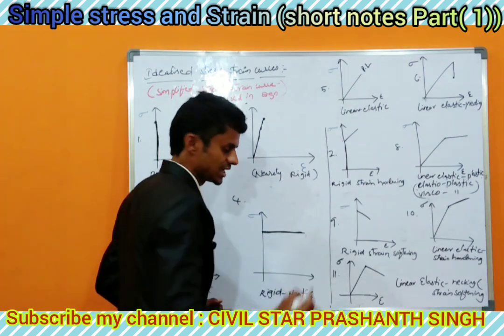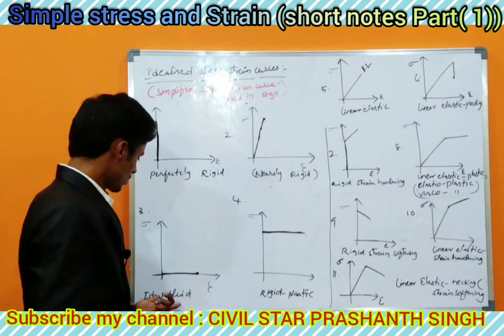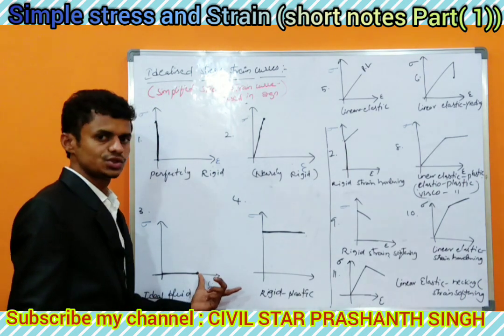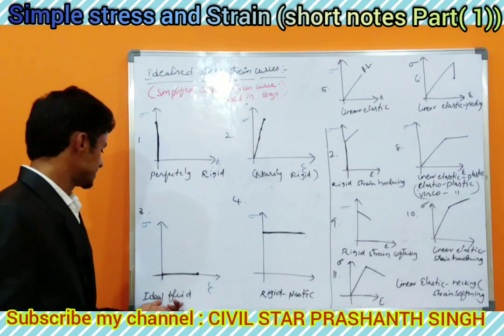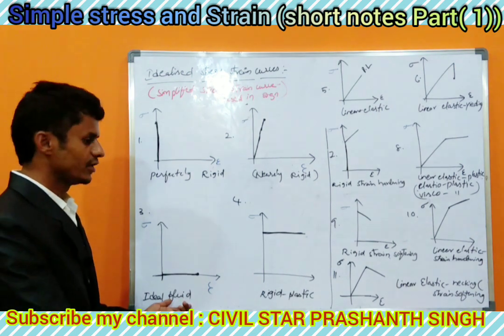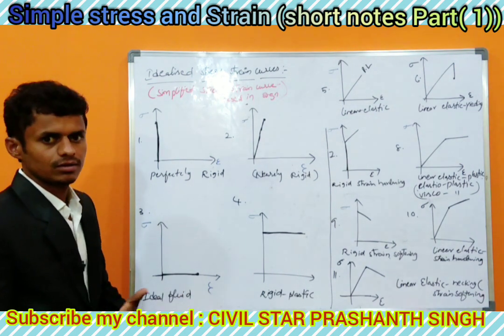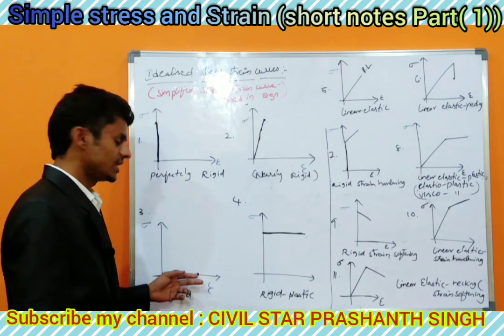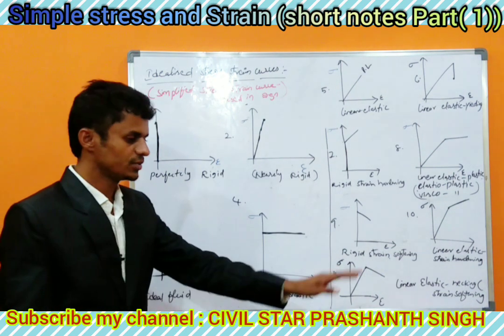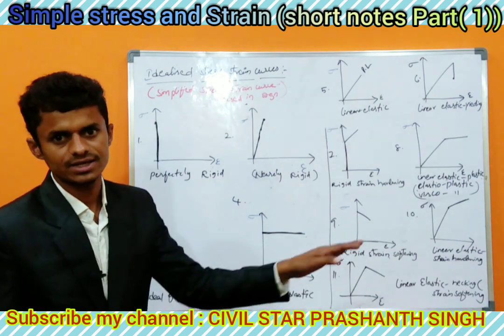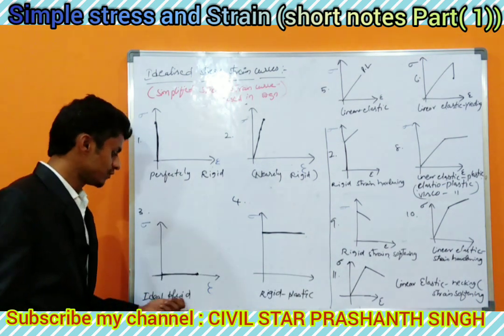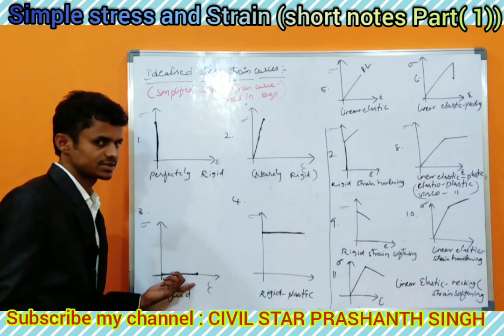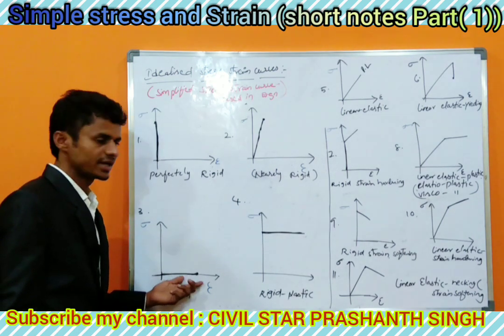So how to remember these two graphs? Fluid, for example, flows on the ground by the gravitational force. Assume the ground is the x-axis, so for the ideal fluid it is on the x-axis. In this way you can remember it.